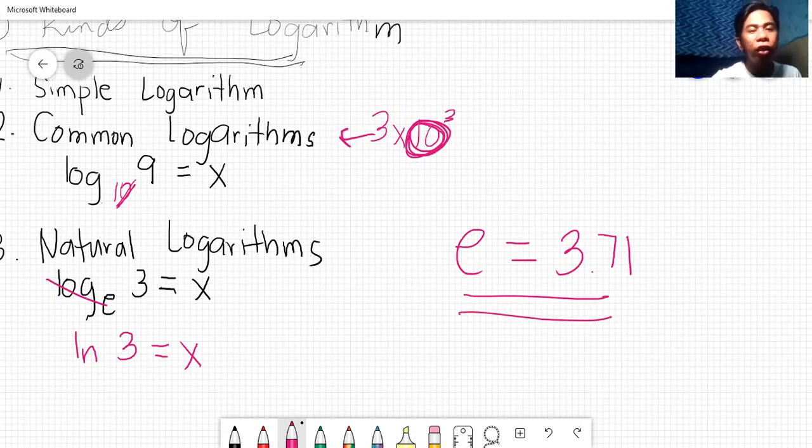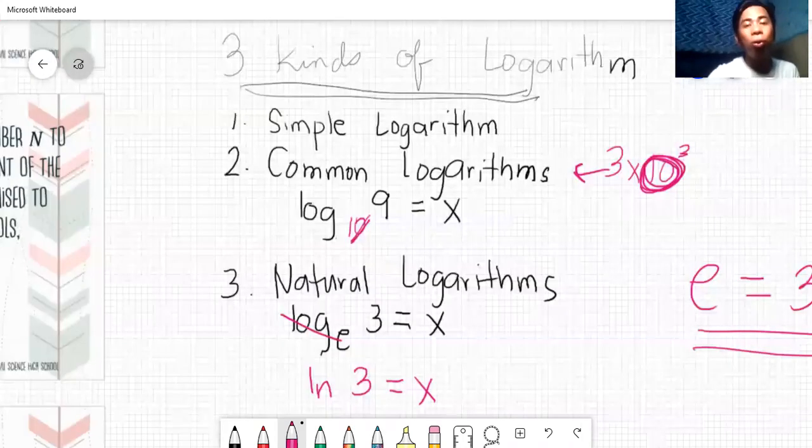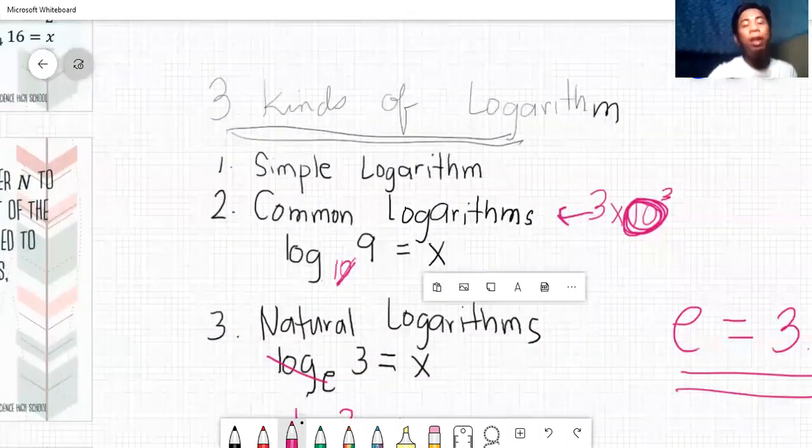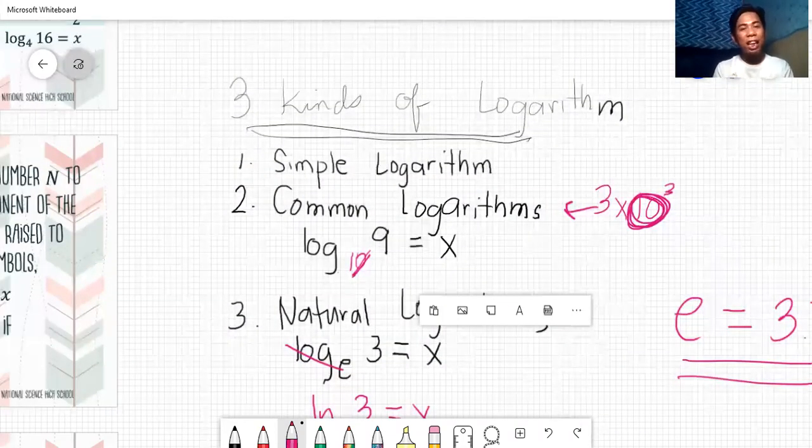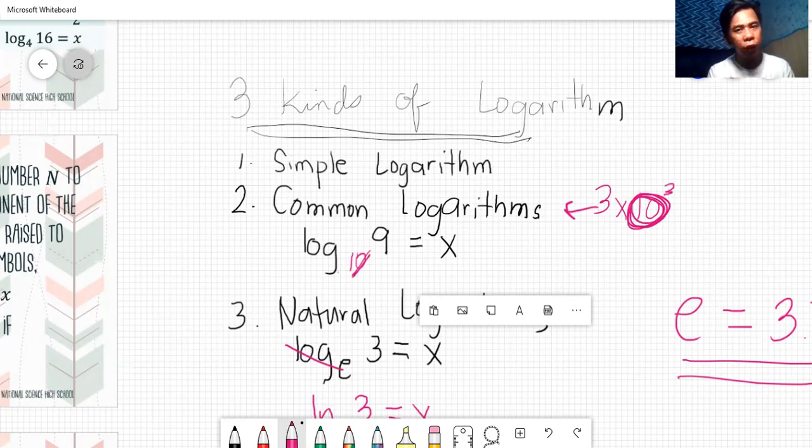So we have here three kinds of logarithm. Just keep that in mind. These are actually just an introduction to logarithm, which is difficult since it's not really in a regular class, but if you're in a science class with enriched mathematics, I guess you have this lesson on logarithms.